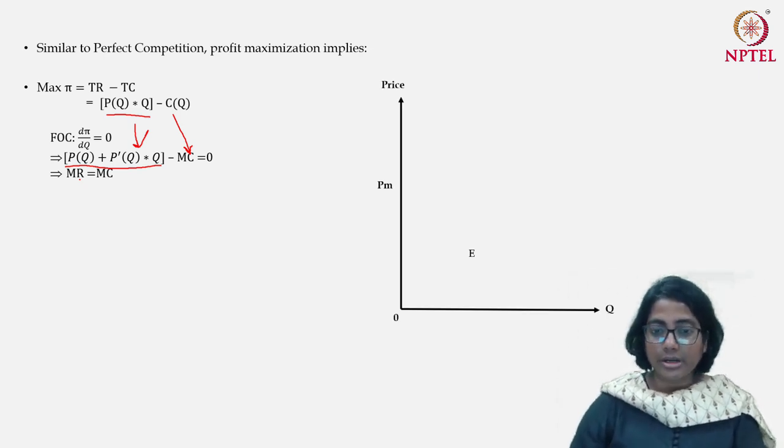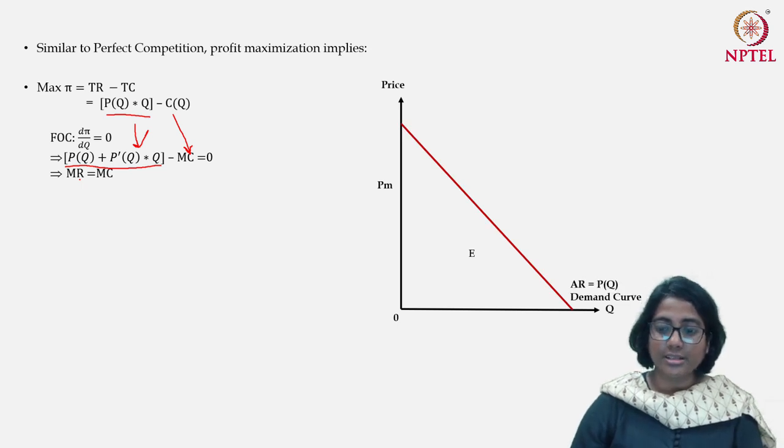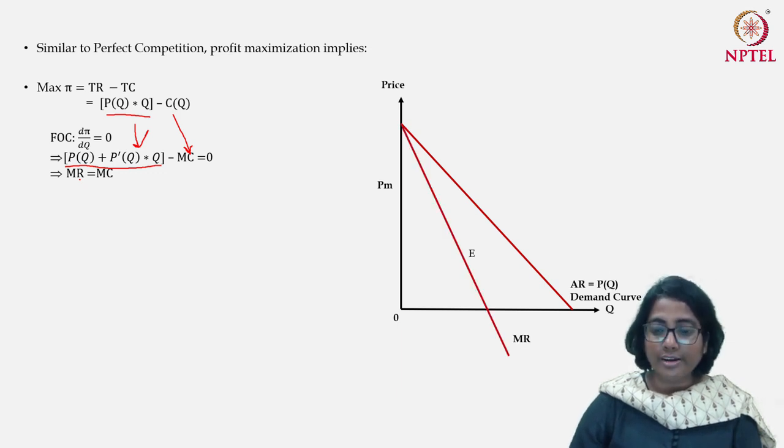So we see how the equilibrium looks in a diagram, and there is a small twist here. This is the demand curve, as we have said. This is the average revenue, which is equal to P(Q). This is perfectly all right, the demand curve. We have also derived that the marginal revenue is actually lower than the average revenue curve, and this is how we have depicted the marginal revenue curve. Then we have imposed the marginal cost curve here.